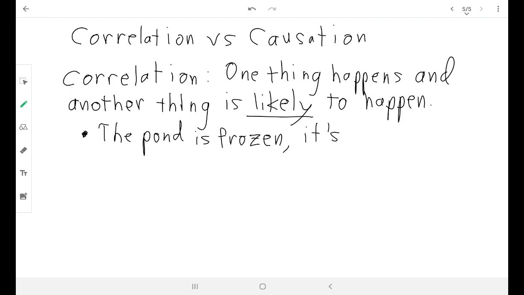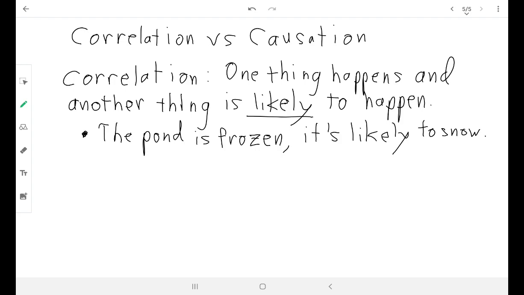It's likely to snow. Now, just because the pond is frozen doesn't mean it's automatically going to snow, but the temperature is low enough, the environmental condition is right for the chance of snow.